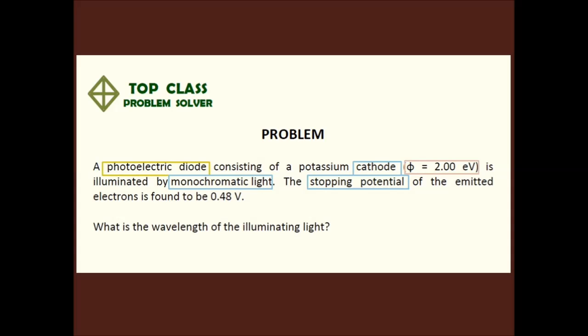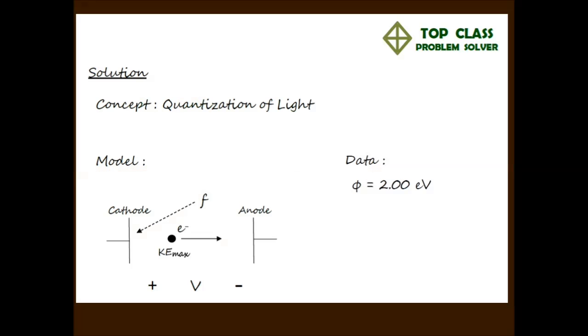The third step of the interpretation is to extract the data carefully from the problem. We are told that phi, the work function energy for the potassium cathode, is 2.00 electron volt. We are also told that the stopping potential is 0.48 volt. We therefore write down that phi is equal to 2.00 electron volt, and that V stopping is equal to 0.48 volt.